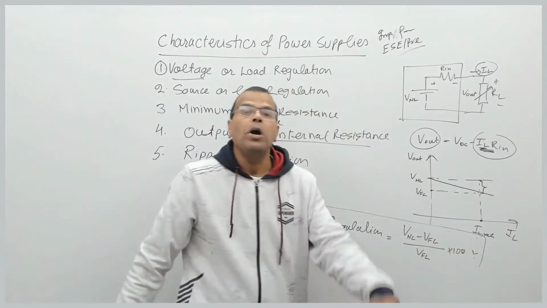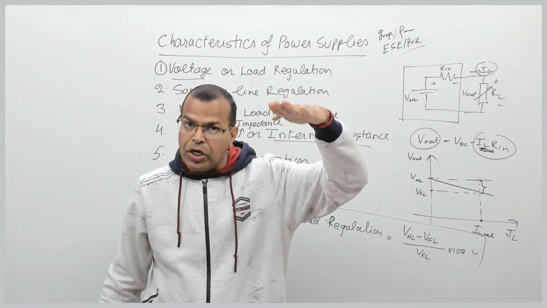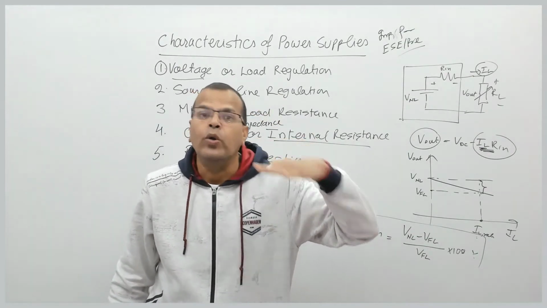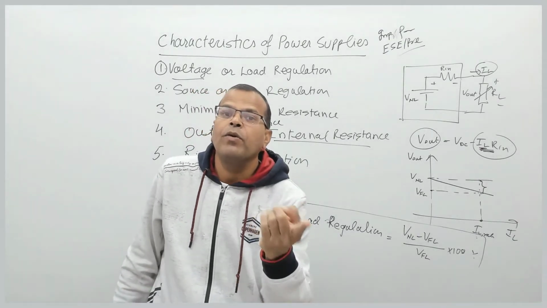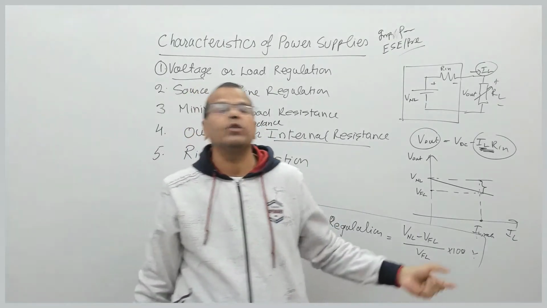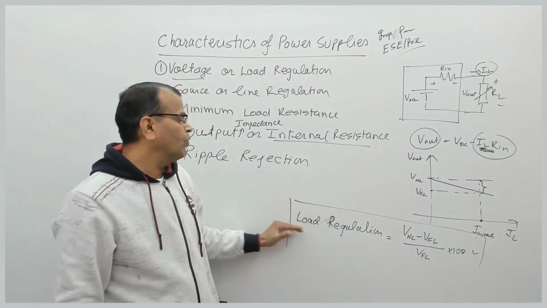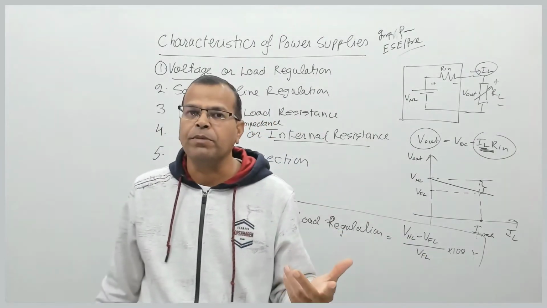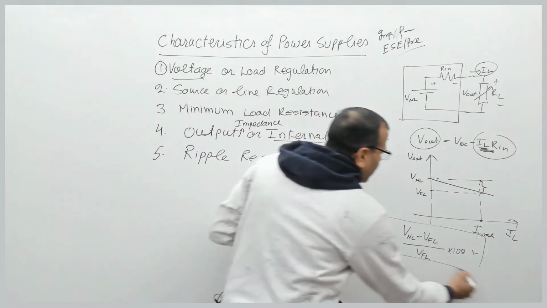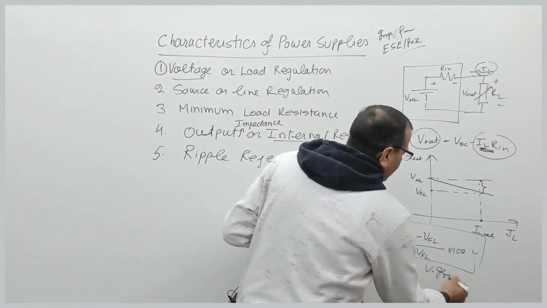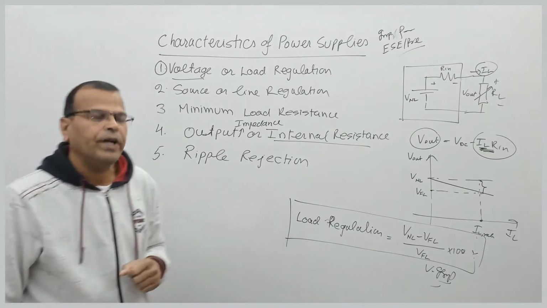That means percentage reduction in load voltage when load is varied from no load to full load is called load regulation or voltage regulation of a power supply. This is an important characteristic of a power supply. You must remember this expression. This is very important. Fine.